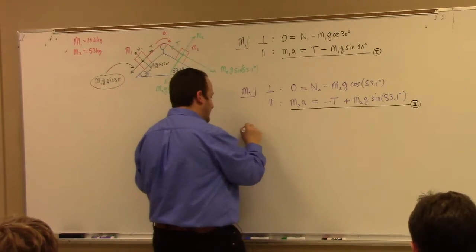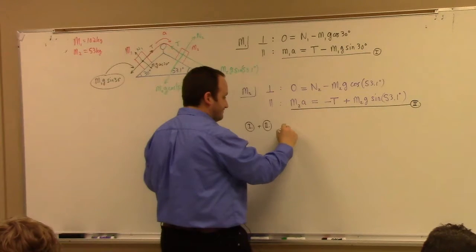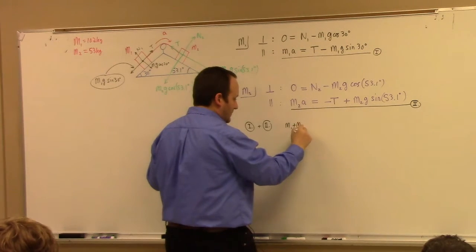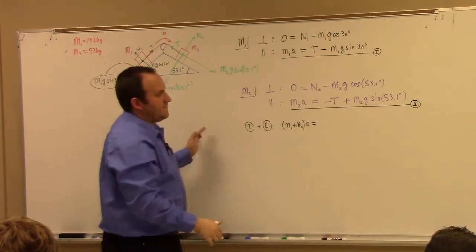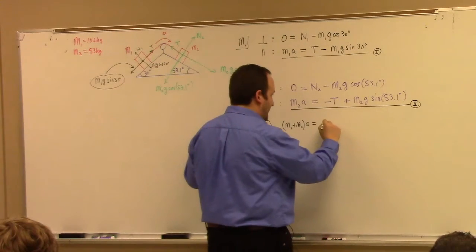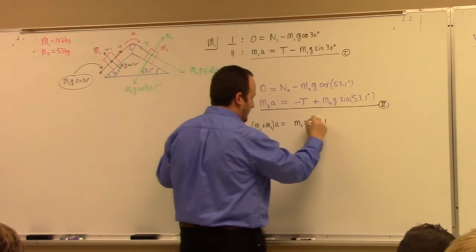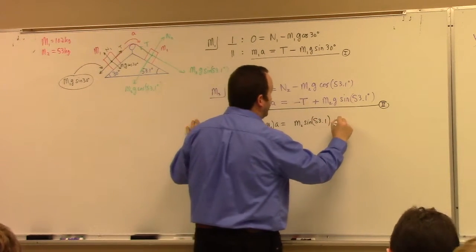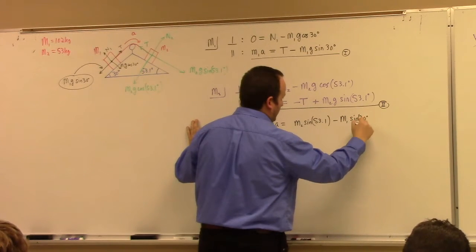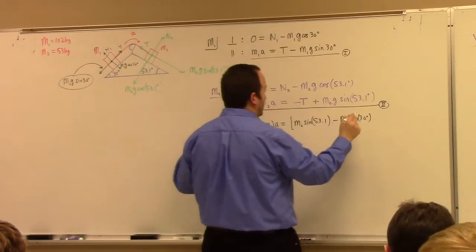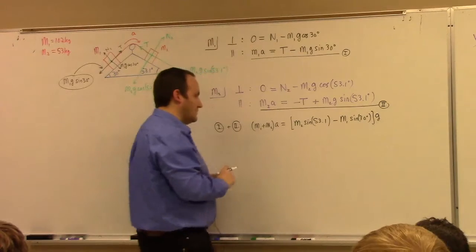So if we look at equation 1 plus equation 2, what do we get? The tensions cancel, and we get M2 sine of 53.1 degrees minus M1 sine of 30 degrees, big parentheses, factor out a G, right?